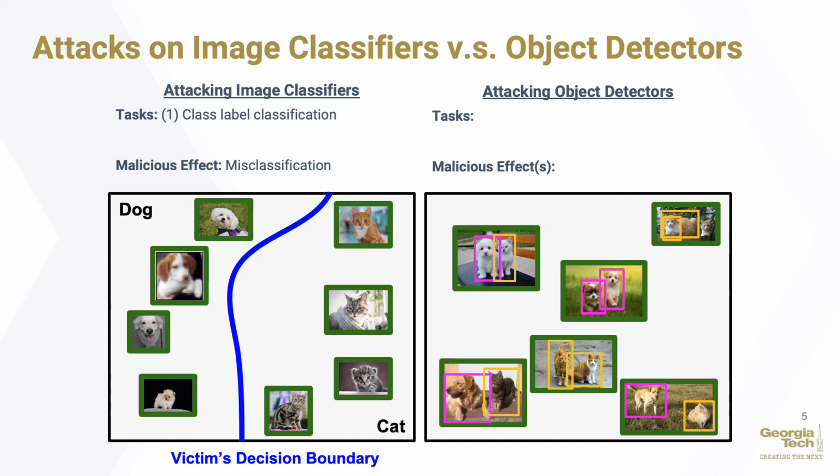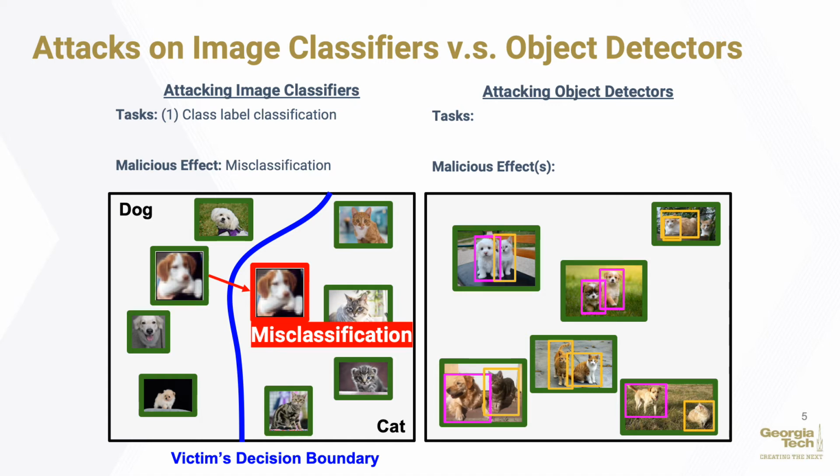However, in image classification, we know that the adversarial attacks, no matter how sophisticated, can only lead to one outcome, which is misclassification, and the attacks are to generate a perturbation in different ways to push the benign image from one side of the decision boundary of the classifier to another, so that when the perturbed image is being processed by the victim classifier, a different class label will be returned.